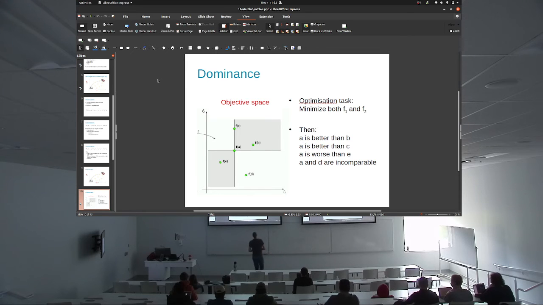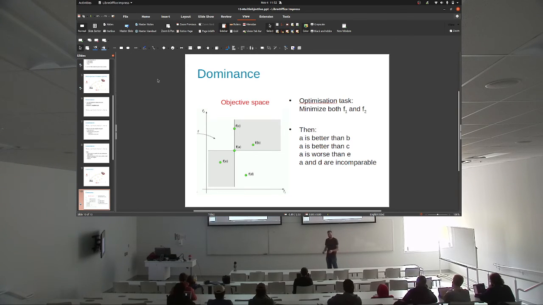If I look at A, A is better than B. There's no ifs, ands, or buts about it. If I'm minimizing both things, A beats B no matter what. Do you agree? It's got a better cost and it's got two good small values that beat B.